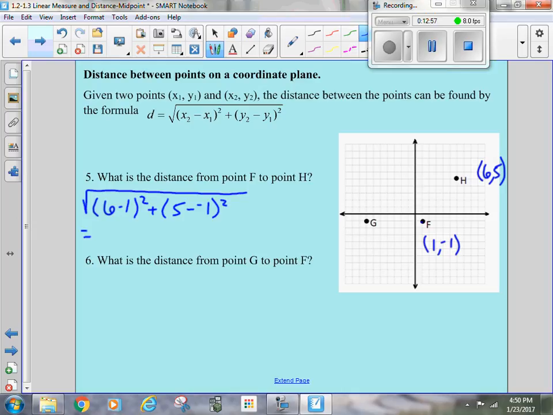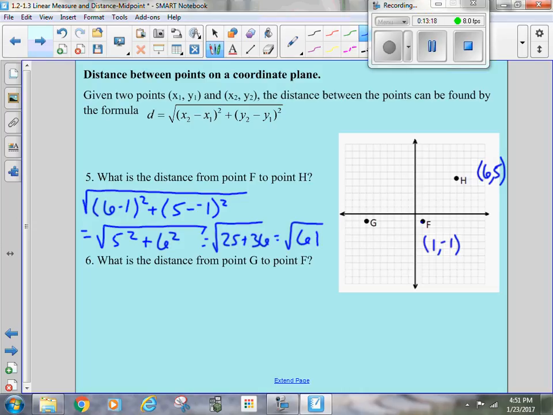That's going to give me square root of 6 minus 1 is 5 squared plus 5 minus a -1 is 6 squared. So I get square root of 25 plus 36, so the square root of 61.